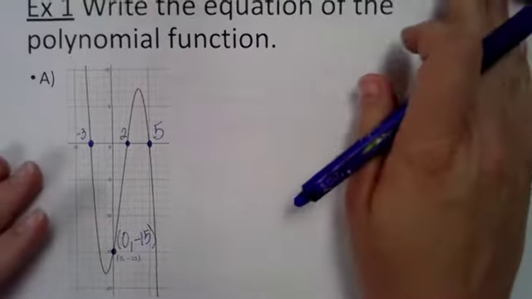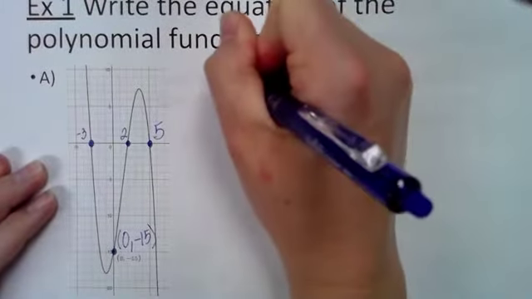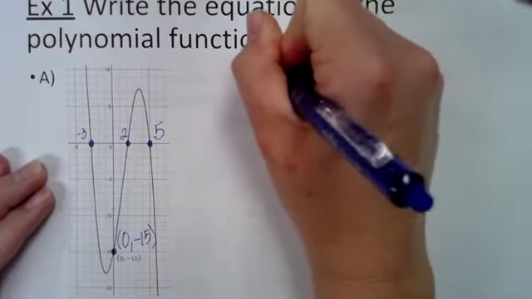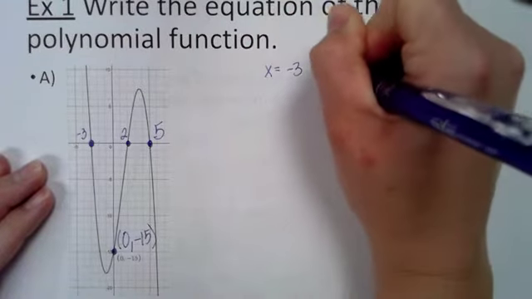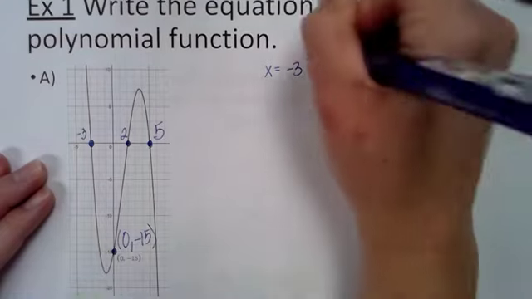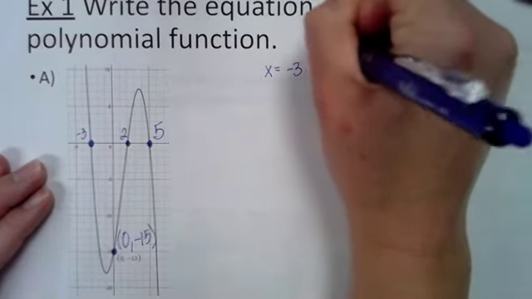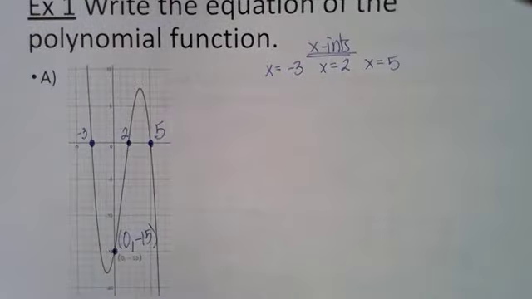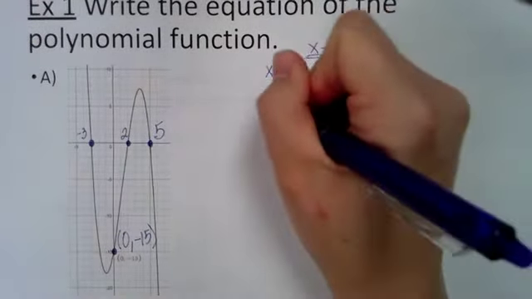So we are going to start by saying we know that x equals -3, x equals 2, and x equals 5. These are the x-intercepts, okay? Now, I'm going to take those x-intercepts and I need to convert them back to bubbles.